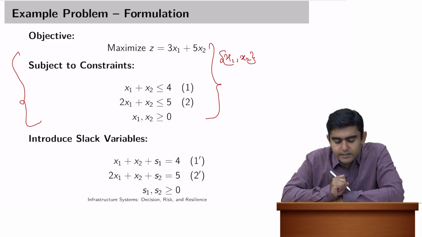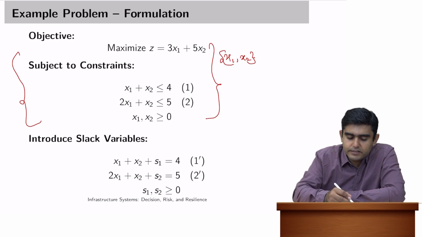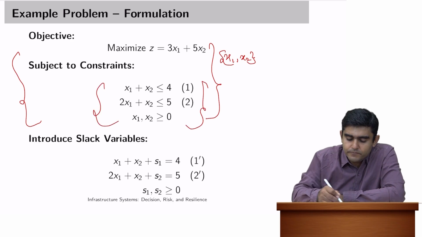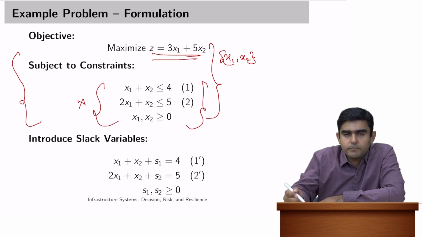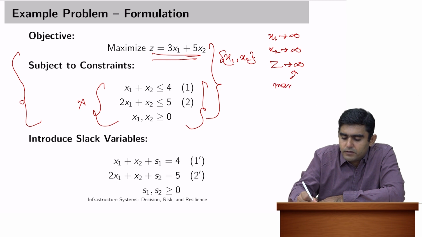Now, one thing is clear: if this would have been a problem of unconstrained optimization, that is, imagine that these constraints are not given to you and you are just focusing on 3x1 plus 5x2, you would say that x1 should tend to infinity or be a very large number. x2 should also tend to infinity. My value of z would also tend to infinity, and I have maximized this problem.